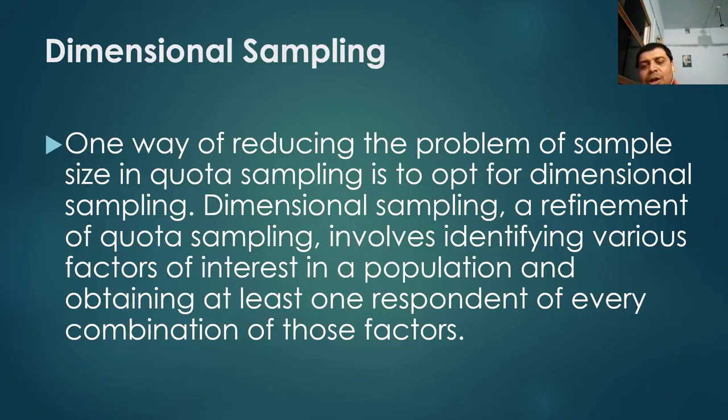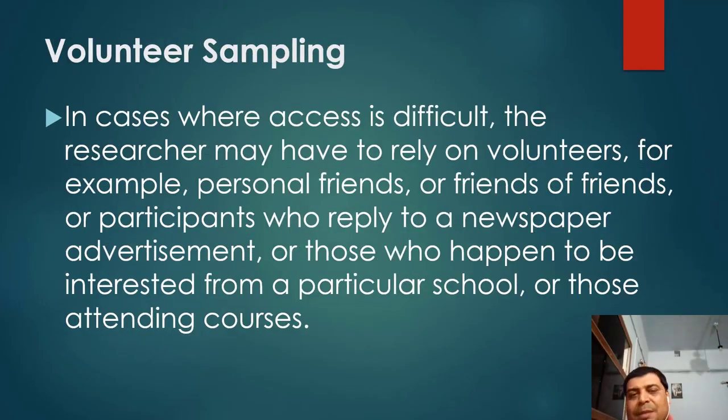We will collect at least one respondent for every combination of those factors. So when we have a number of dimensions to study, we select the people on the basis of representation of those dimensions. Here we are not selecting the people; the dimensions or the study objectives are the selecting criteria.